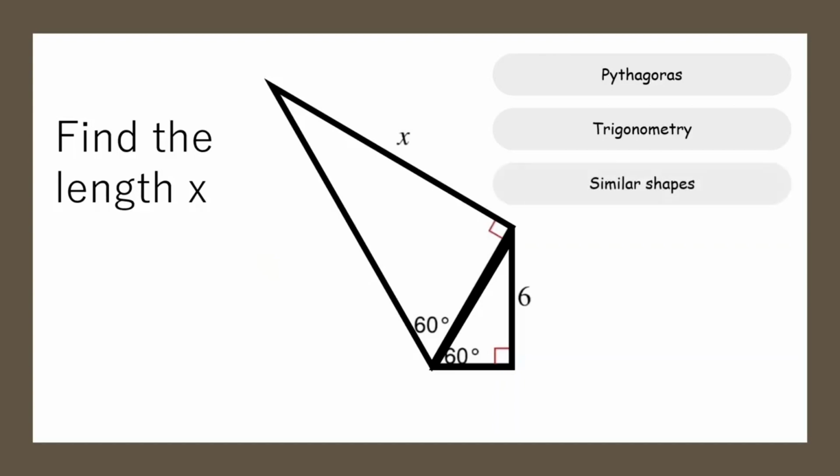I also noticed that the two triangles have an angle of 60 degrees and a right angle, which means that these two are similar triangles. That could be useful. And finally, since we're trying to find an unknown, I'm sure I'm going to use forming and solving equations. Okay, let's get started.